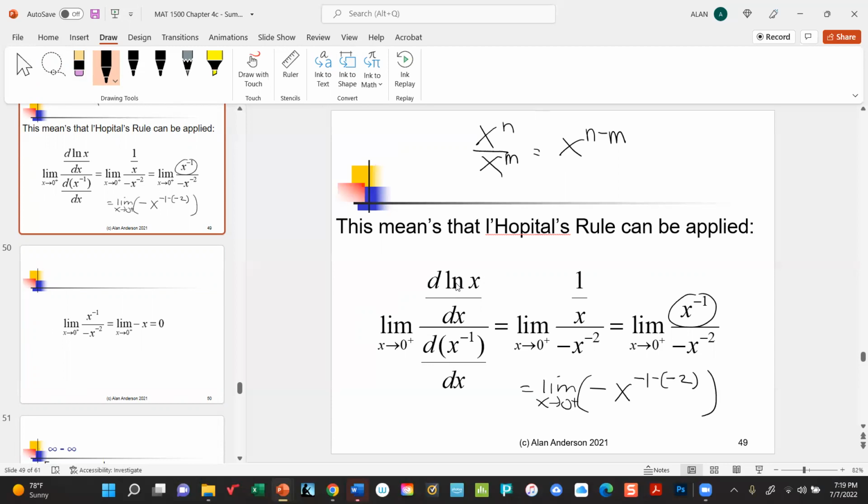So you've got the limit of minus x to the first power. Any way you look at it, it's just 0.